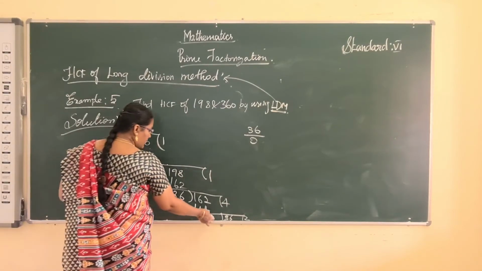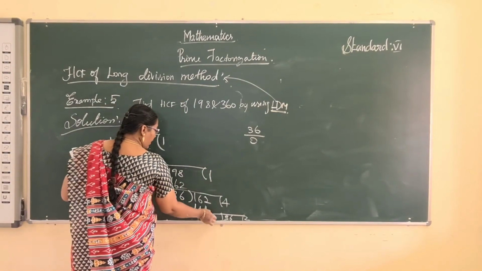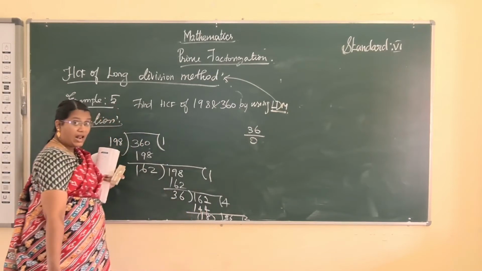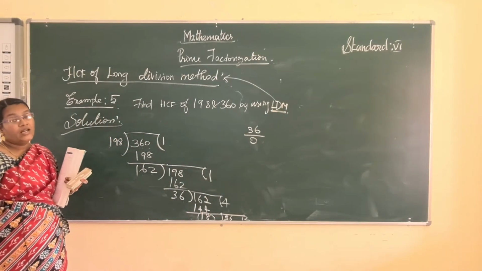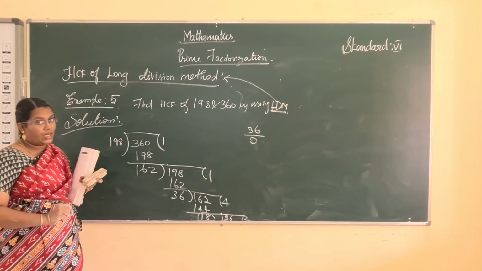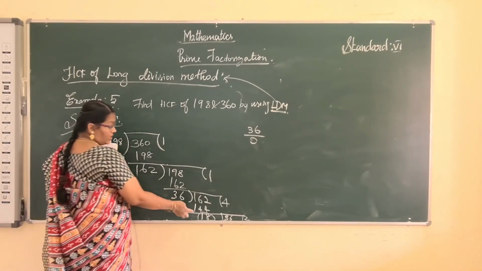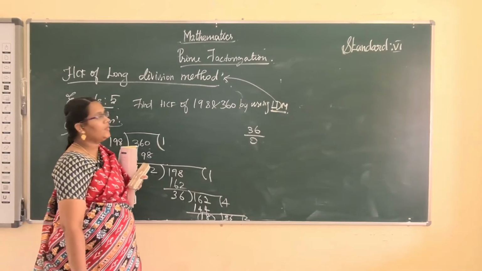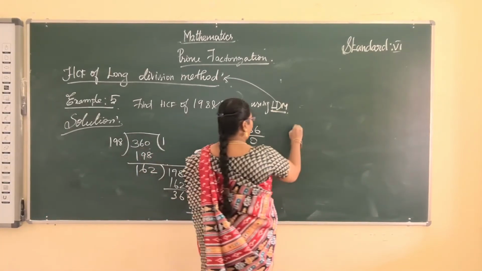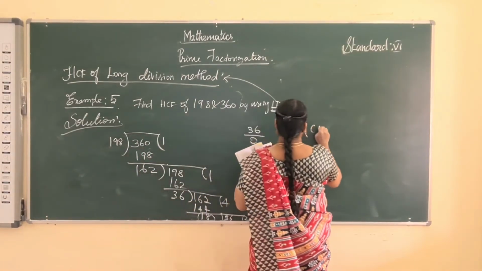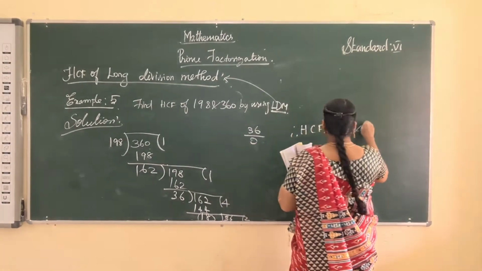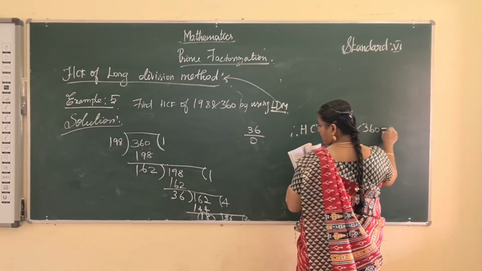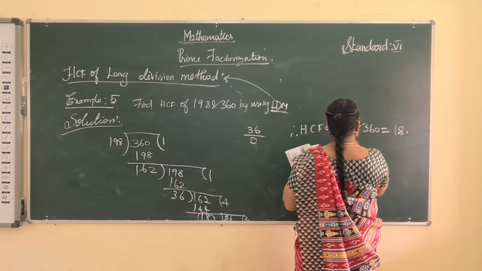Finally, we consider the last divisor. The last divisor is called the highest common factor. Therefore, the HCF of 198 and 360 is equal to 18.